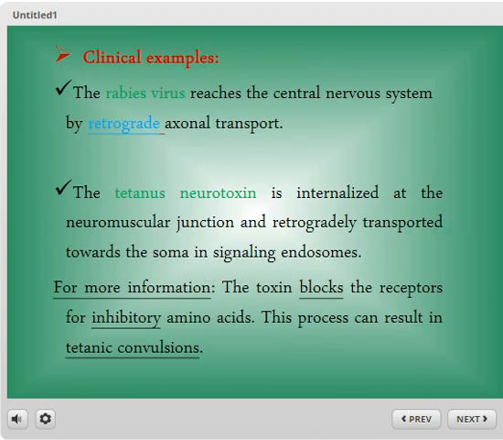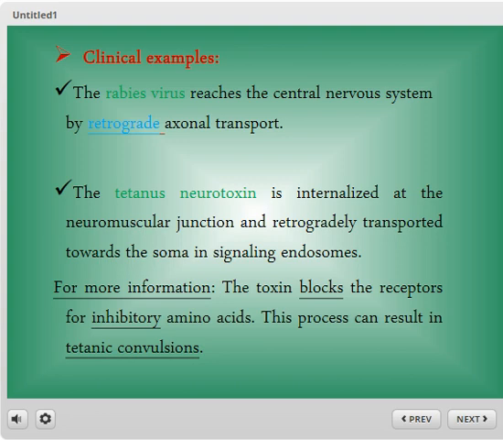As a clinical example, the rabies virus reached the central nervous system by retrograde axonal transport, and the tetanus neurotoxin is a toxin that blocks the receptors for inhibitory amino acids, and this process can result in the tetanic convulsions.